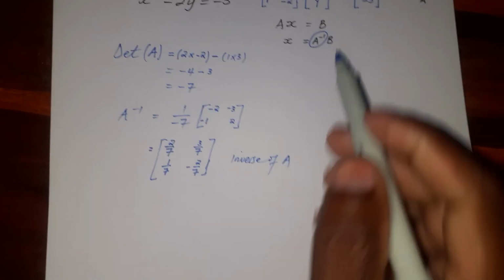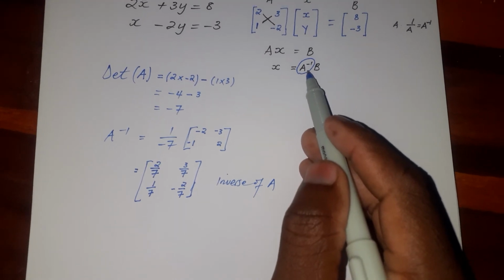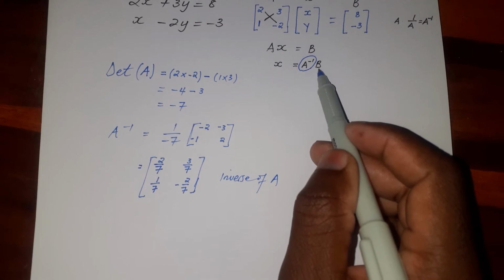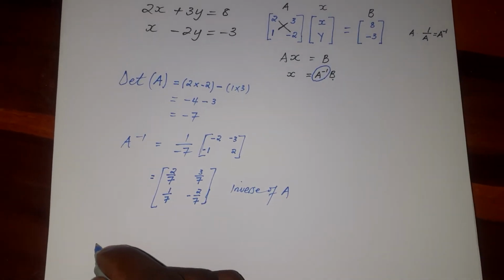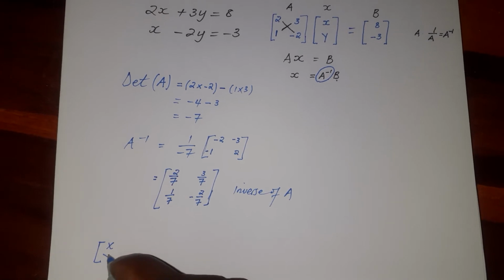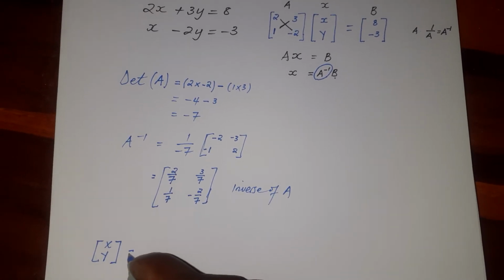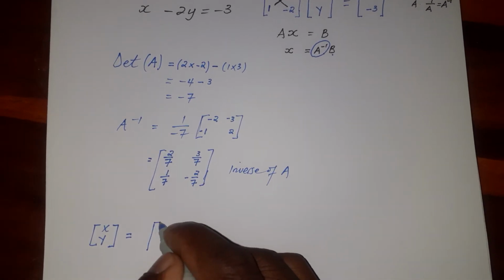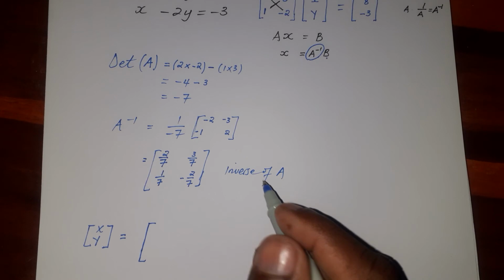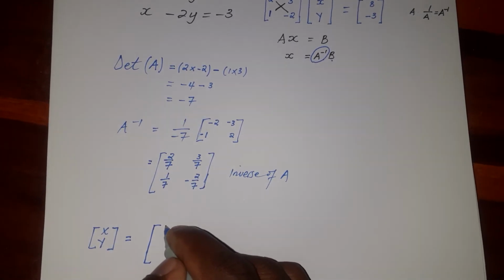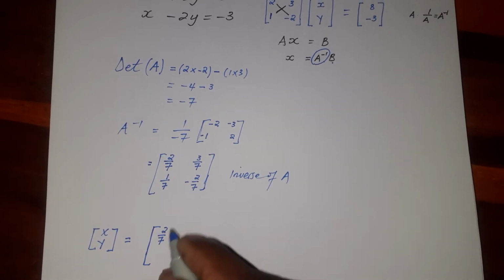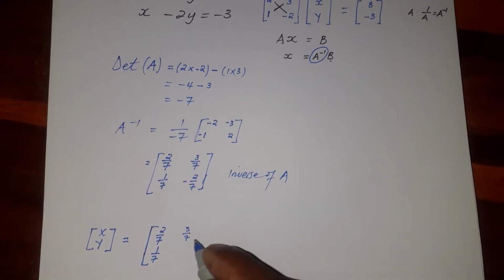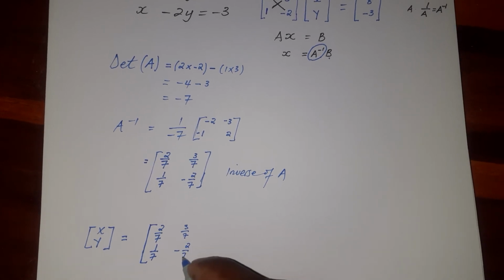Now, after we have found the inverse, what do we do? We multiply that inverse by the matrix of B. Now we can write our x and y equal to, we want to solve for x and y. We write the inverse of A, which is this, 2 over 7, and then 1 over 7, 3 over 7, negative 2 over 7.